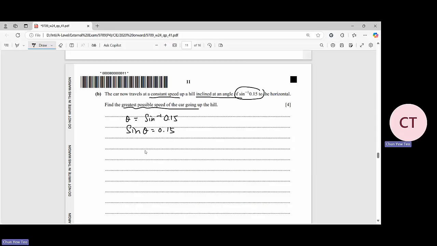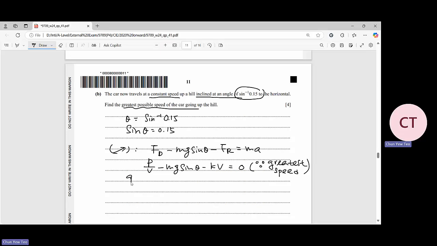Okay, so if you're going up the hill, then you have a driving force minus the weight mg sine theta minus a frictional force is equal to ma. So it will be P over V minus mg sine theta minus kV is equal to 0, because of maximum speed, greatest speed. If you want to get the greatest speed, your acceleration will be 0 as well.